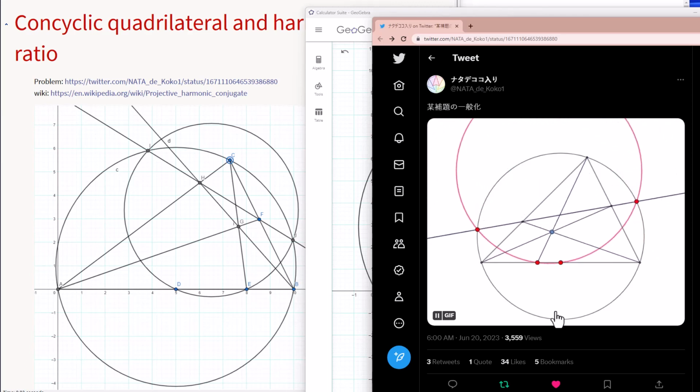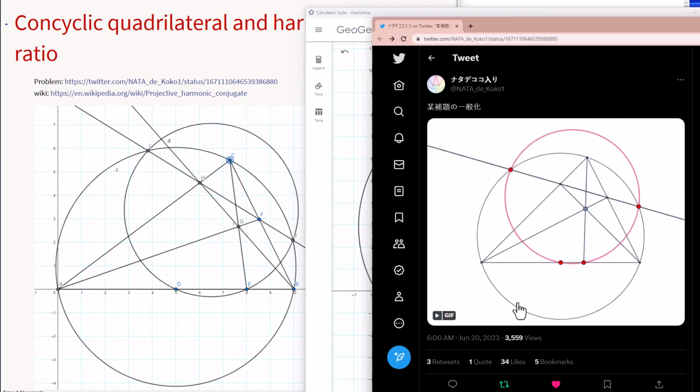If you look at the original animation on Twitter, you have a triangle and you put a midpoint on the base and choose an arbitrary point on the base as well.